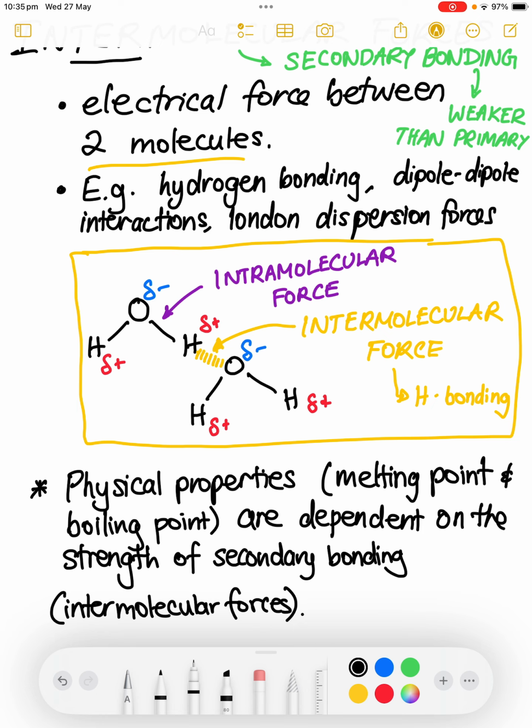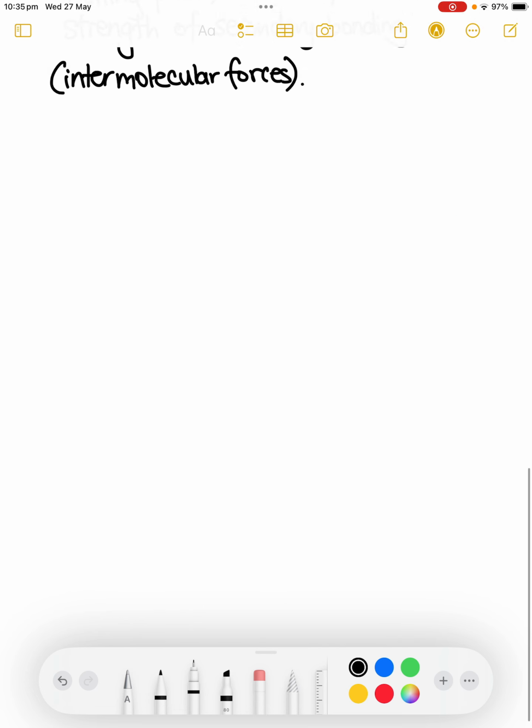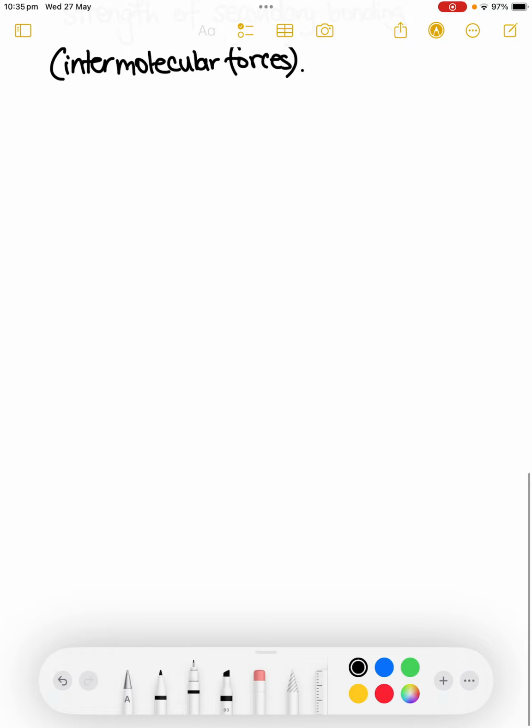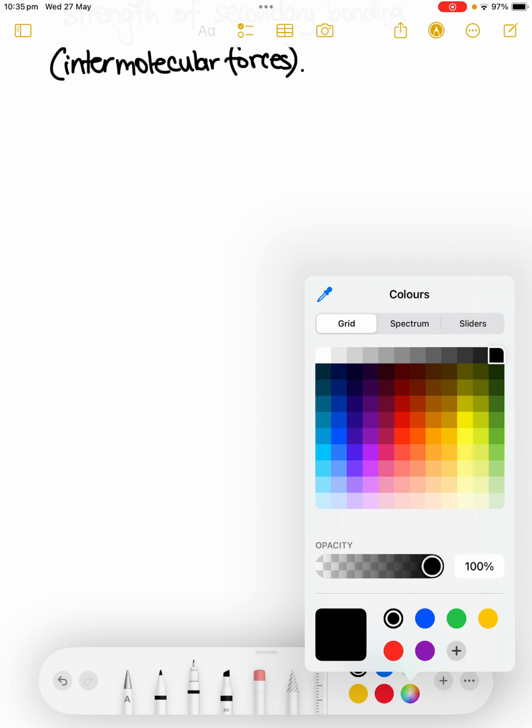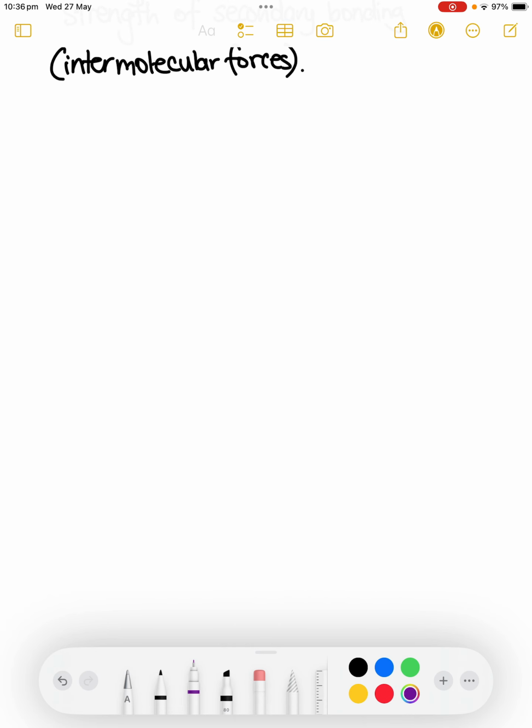Going on. I do like to have a nice little layout of this all as well, and I'm just going to put this into play here. So at the top, let's go in a different color. Let's go with purple. We're going to have chemical bonding. Now that's what we just spoke about earlier.